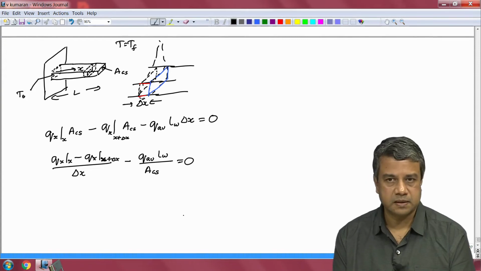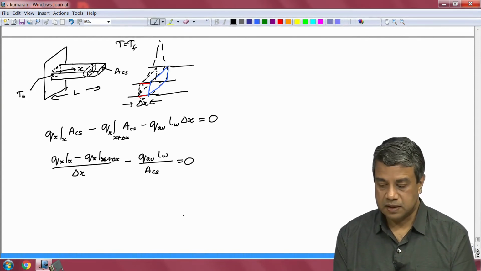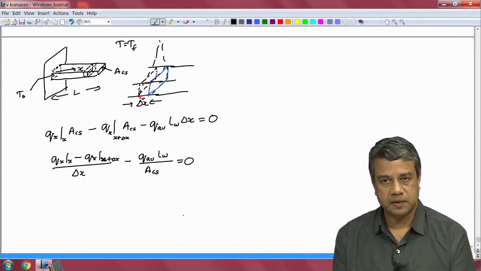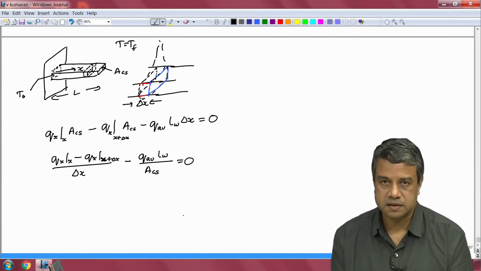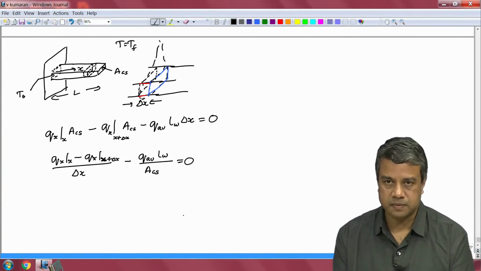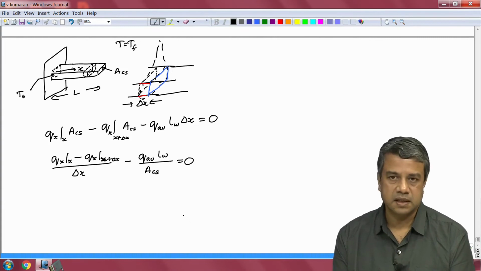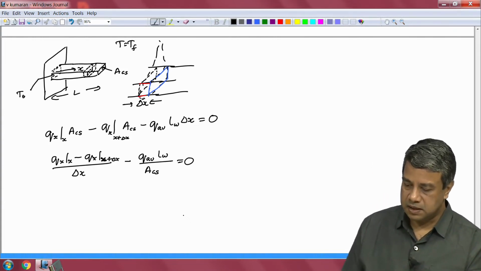So, that is the balance equation. Note that for long objects, the cross sectional area by wetted perimeter is equal to the hydraulic radius.